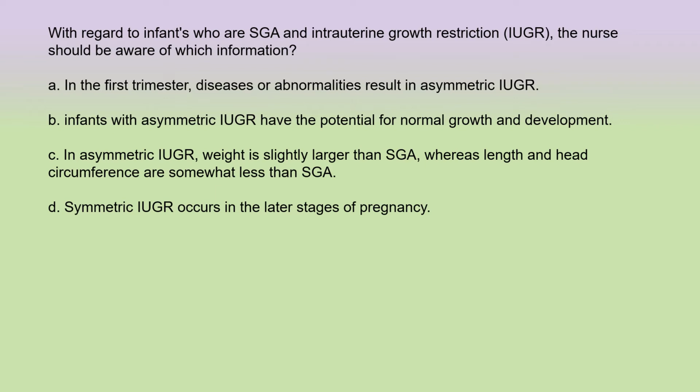B. Infants with asymmetric IUGR have the potential for normal growth and development. C. In asymmetric IUGR, weight is slightly larger than SGA, whereas length and head circumference are somewhat less than SGA. D. Symmetric IUGR occurs in the later stages of pregnancy.